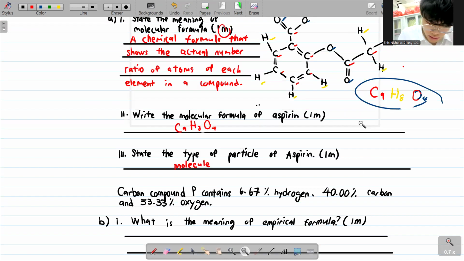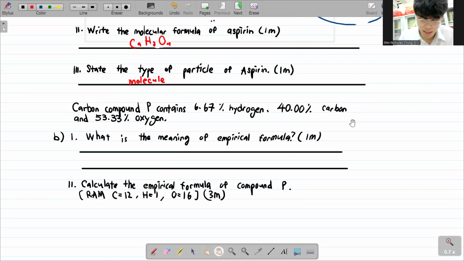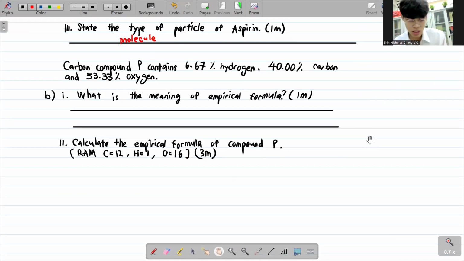Next, this question is actually similar to the previous one we did. Never mind that I cannot zoom in. So let's read the question first. Carbon compound P contains 6.67% of hydrogen, 40% of carbon, 53.33% of oxygen.